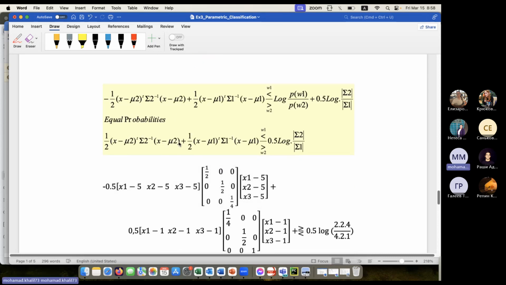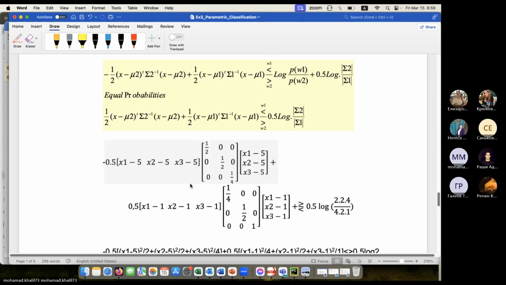And x minus mu2 not transposed, so it will be one row, one column: x1 minus 5, x2 minus 5. Plus 1 over 2, x1 minus 1, x2 minus 1, x3 minus 1, multiplied by 1 over 4, 1 over 2, 1, 1 over 4, 1 over 2, 1, and x1 minus 1, x2 minus 1, x3 minus 1.